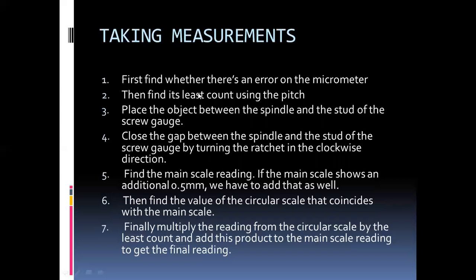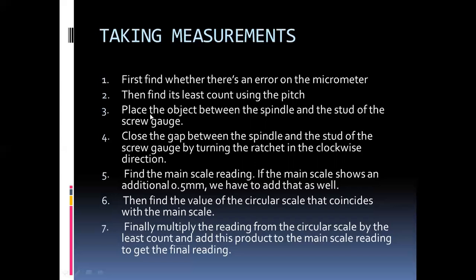Now, find its least count by using the pitch. First check the pitch, and then by the formula of least count, find out the least count. It is also written on the screw gauge, but you must know how we can calculate it.